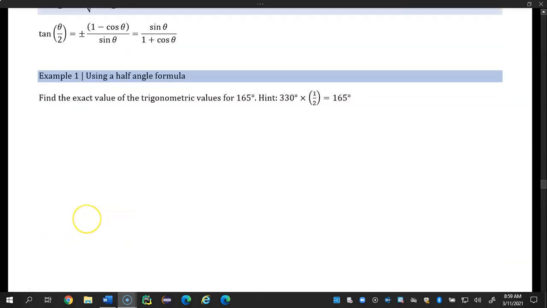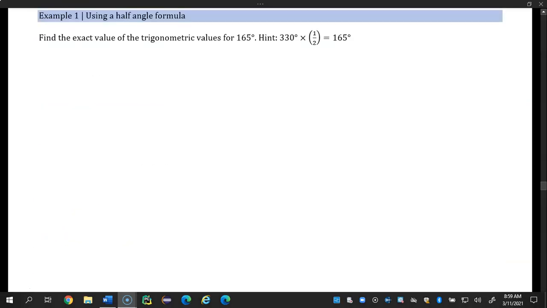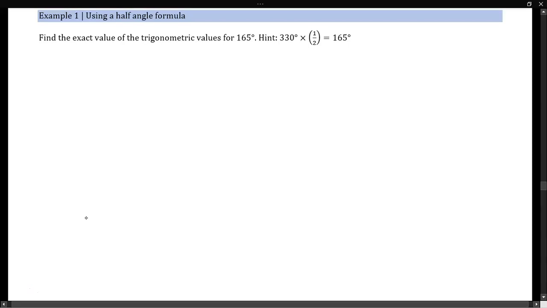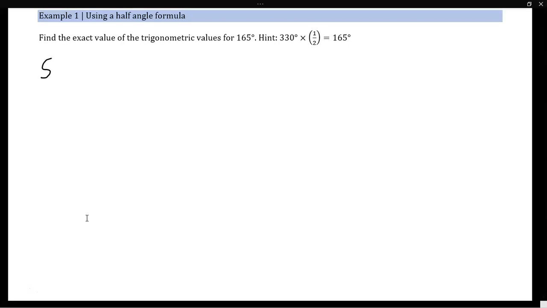For example 1, we have to find the exact trigonometric values for 165 degrees. So the sine for 165 degrees according to our formula is going to be the square root of 1 minus the cosine of the whole angle, which is 330 degrees, divided by 2.